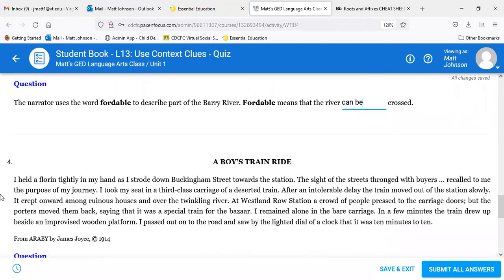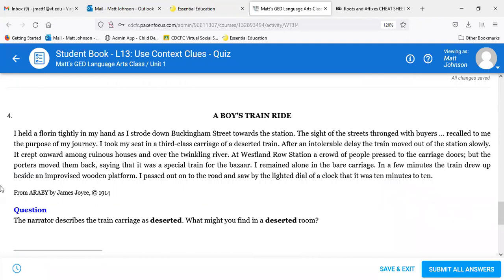So from Araby by James Joyce, another older passage. Read along with me. I held a florin tightly in my hand as I strode down Buckingham Street towards the station. The sight of the streets thronged with buyers recalled to me the purpose of my journey. I took my seat in a third-class carriage of a deserted train. After an intolerable delay, the train moved out of the station slowly. It crept onward among ruinous houses and over the twinkling river.